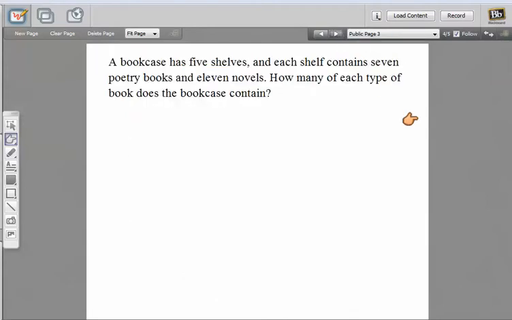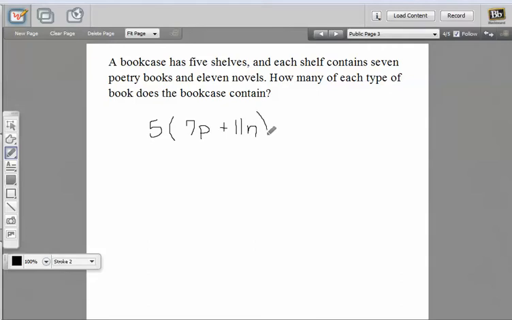All right, let's take a look at number 4 here. A bookcase has 5 shelves, and each shelf contains 7 poetry books and 11 novels. How many of each type of book does the bookcase contain? So we can create a distributive property here. We know that there are 5 shelves, and on one shelf, there are 7 poetry books, so I'm going to let P stand for poetry, and 11 novels, and I'm going to let N stand for novels.